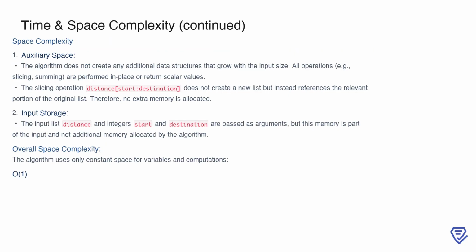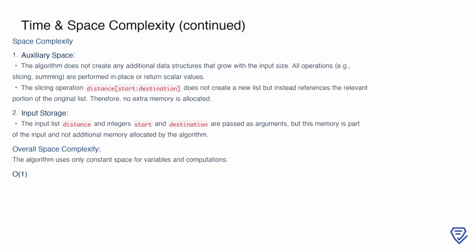Now let's analyze the space complexity of this algorithm. The algorithm does not create any additional data structures that grow with the input size, which means auxiliary space usage is minimal. For instance, the slicing operation distance[start:destination] does not allocate new memory to hold the slice, it simply references the relevant portion of the original list.